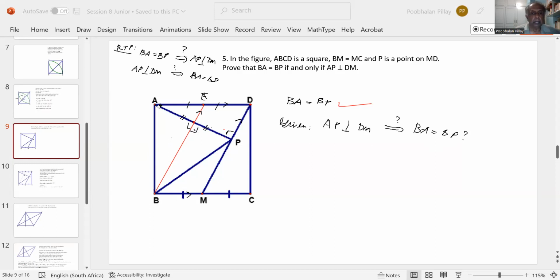So you can see geometry is very logical, and if you know all your theorems, all you have to do is to just apply them at the appropriate time. I'm going to share the full solution with you.